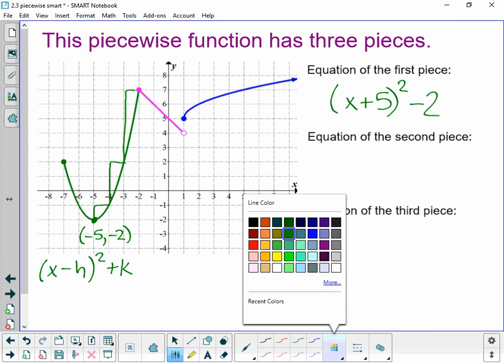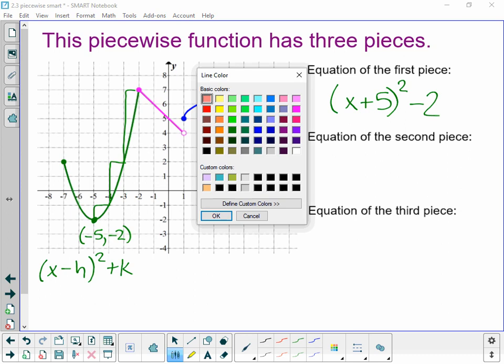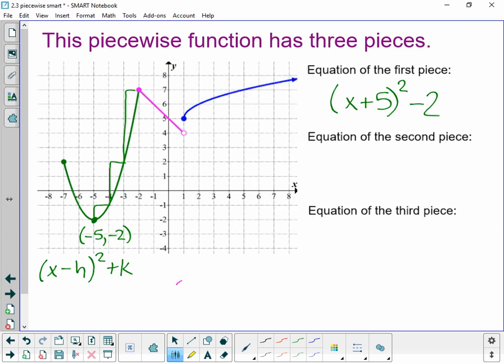Now we have a part that is the shape of a line. You get the matching color. Okay, so when you're writing the equation of a line, usually the easiest way to write it is in slope-intercept form. So you have the slope times x plus the y-intercept. Well, in this case, our y-intercept is 5. That's going to be the b value.